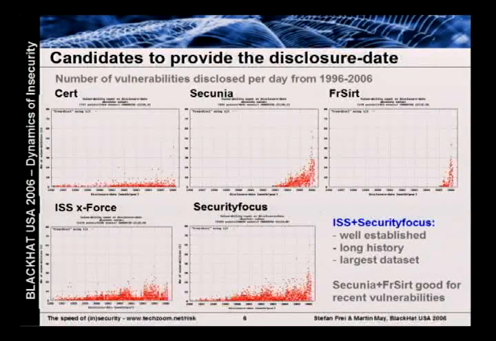They have about the same good amount of disclosures or advisories per day, and by taking 2 information providers, we can cancel out an eventual bias towards their own product, be it from ISS or be it from Symantec. So for us, the disclosure date for this analysis is taken from either ISS X-Force or Security Focus, whoever is earlier in disclosing a vulnerability with a certain CVE.